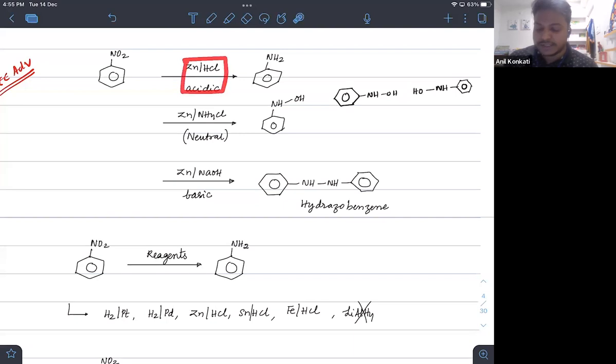Zinc in HCl will provide a large amount of nascent hydrogen. Hence, all the oxides here will be reduced into hydride forms. So NH2 will form. If you take zinc in ammonium chloride, that is a neutral solution, the amount of nascent hydrogen produced is relatively less.